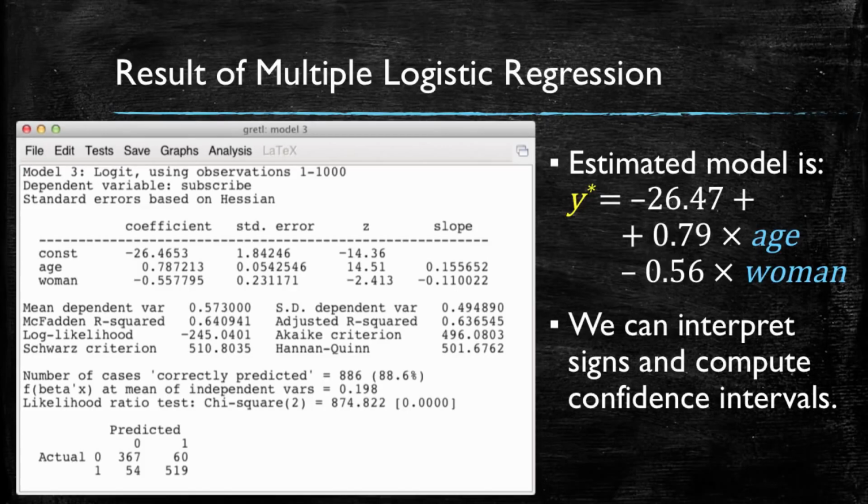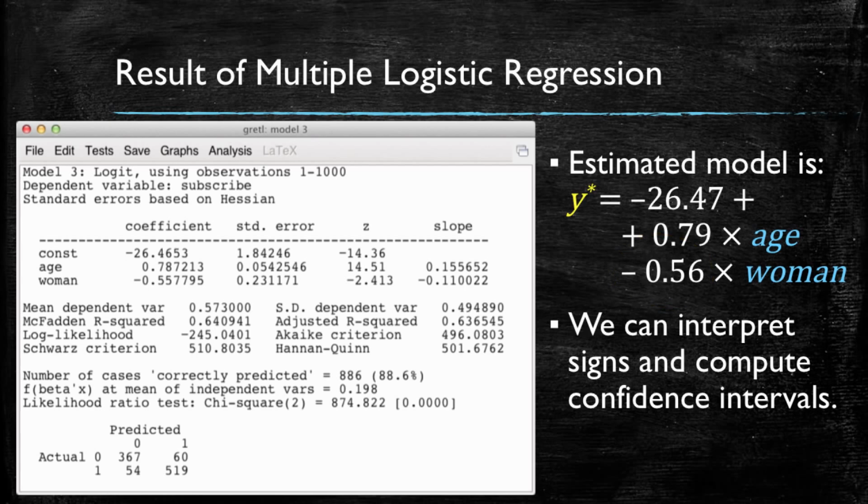In particular, in this case, we find that age continues to have a positive effect on the likelihood of subscription, which means that this magazine is designed for older people. And at the same time, we have discovered that it is less likely that a woman subscribes than that a man subscribes, which means this possibly is a magazine designed for men in higher age ranges.